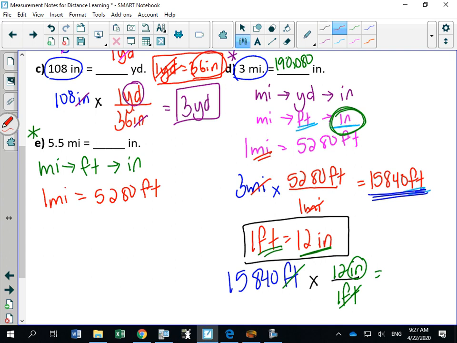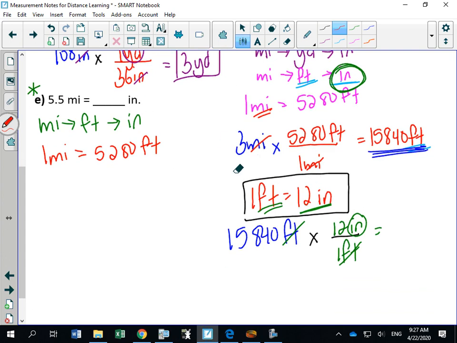So this is where you would pause me and see if you can convert this guy to feet first. And then once you're in feet, see if you can go from the conversion from feet to inches. Okay, so if you're unpaused, let's see if you did this correctly. Take what you're given, 5.5 miles. I'm converting that to feet first.